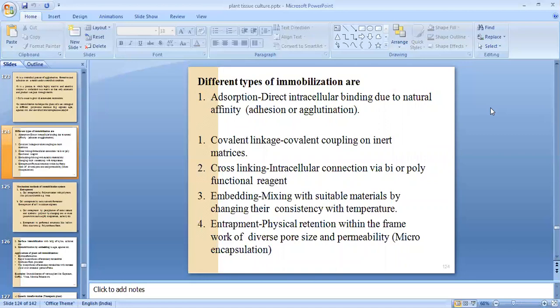The third one is embedding, that is mixing with suitable materials by changing their consistency with the temperature. And the last one is entrapment, the physical retention within the framework of diverse pore size and permeability, that is microencapsulation. That means you are allowing the cell or an enzyme to get entrapped within a solid matrix.